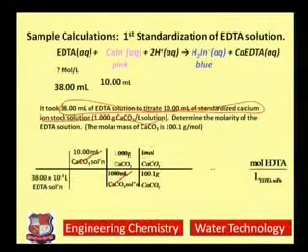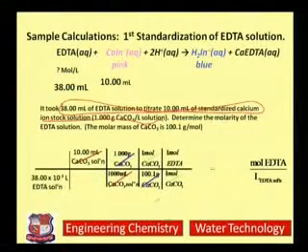You can see in this whole calculation, finally you will get the molarity of the EDTA solution, that is 0.002 mole per liter. We got the molarity as per the molar equation M1V1 equals M2V2.